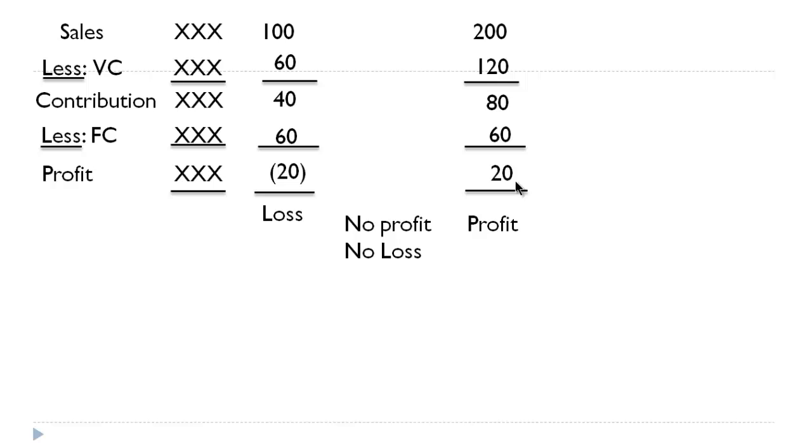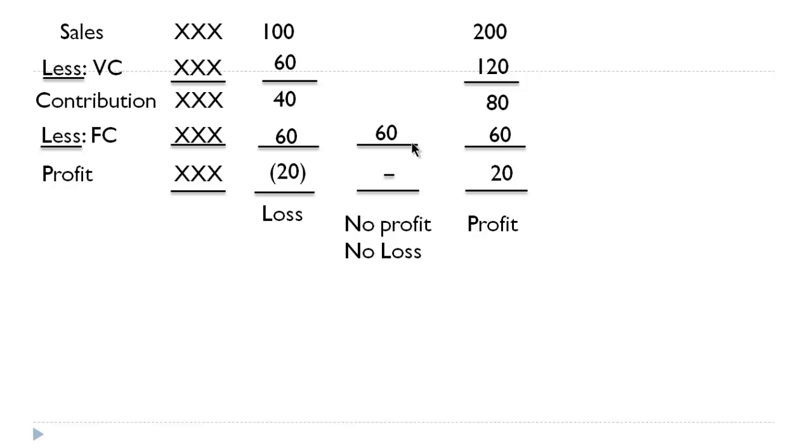That is called the break-even point. At break-even point, the profit of the company would be 0, but the fixed cost will not change. It would remain fixed at the same level, let's say 60.